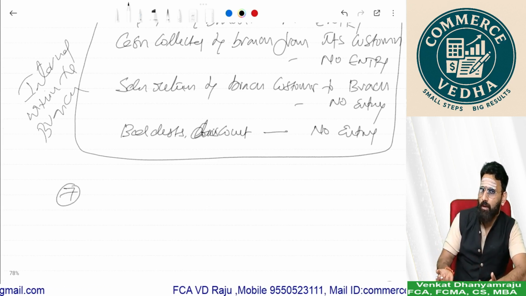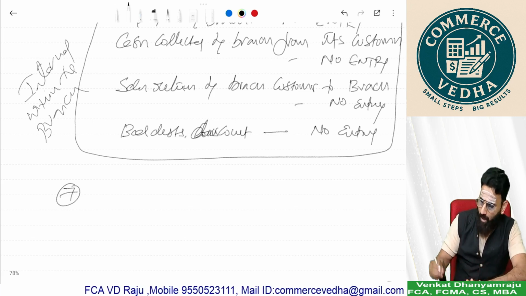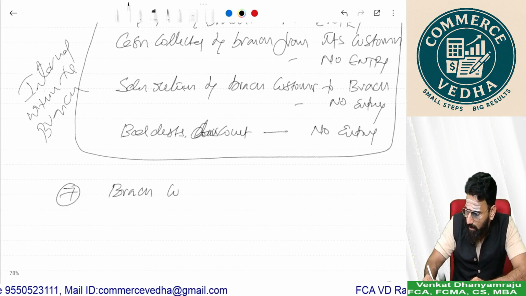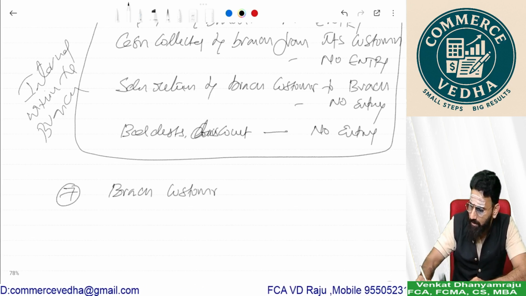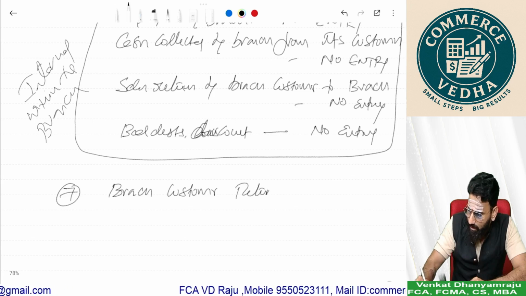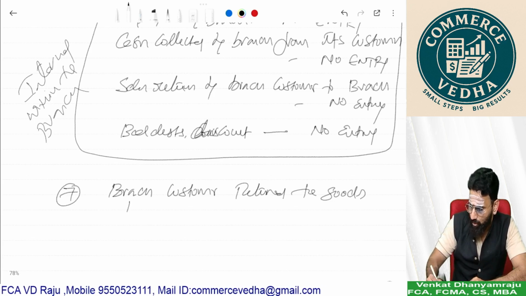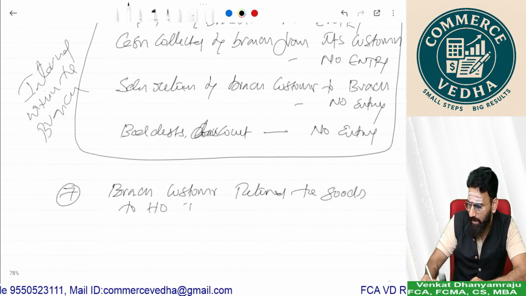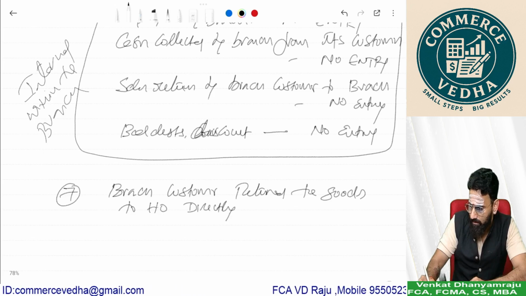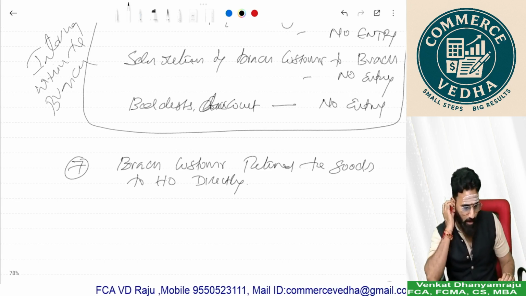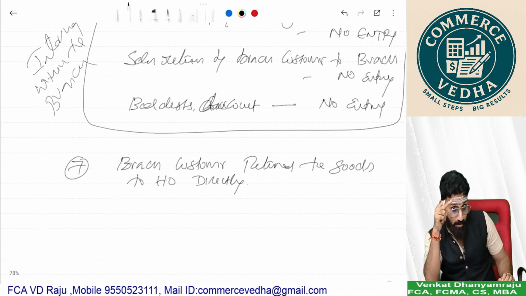Branch made sales. Right. Now, branch customer returns the goods to head office directly. See, customer giving to branch, we ignore. But customer given back to the head office.